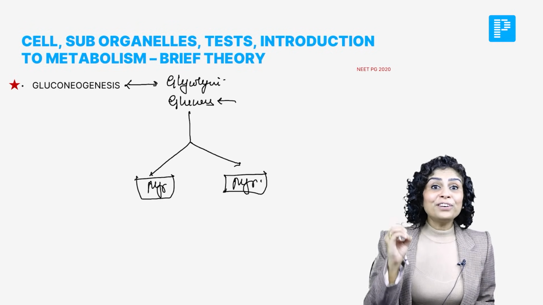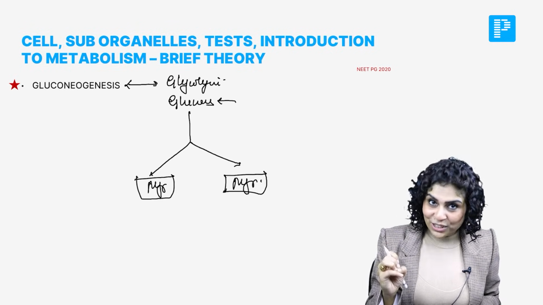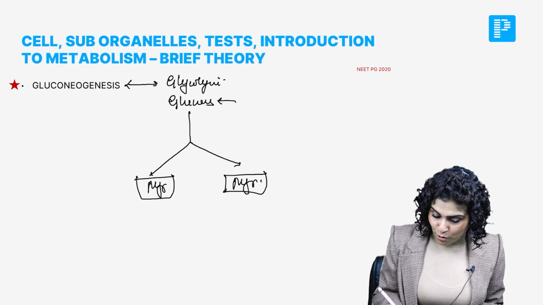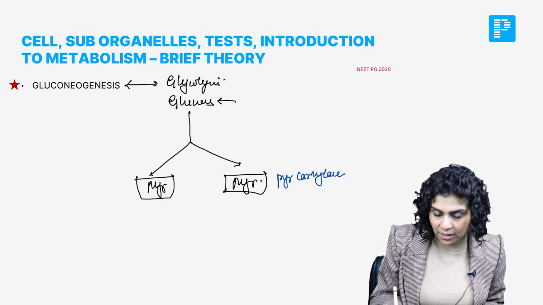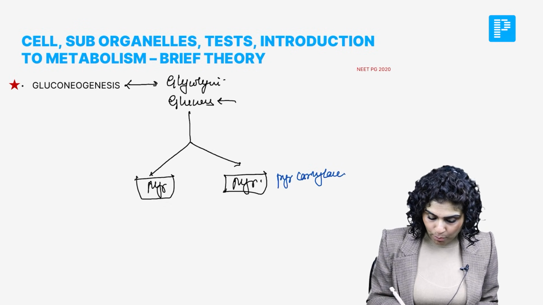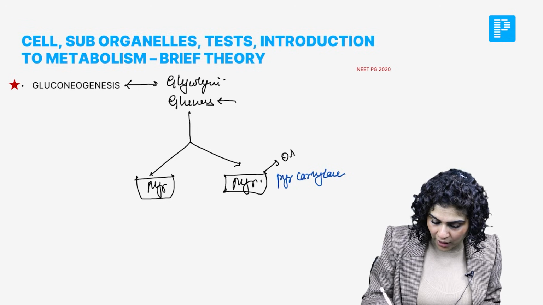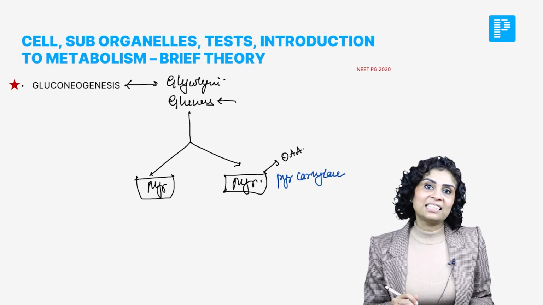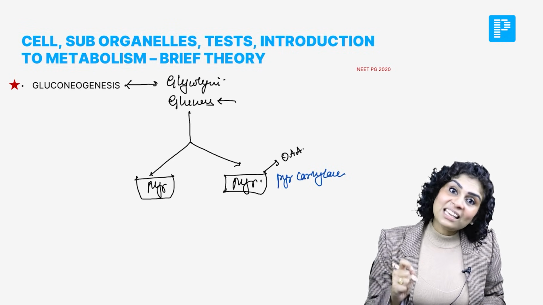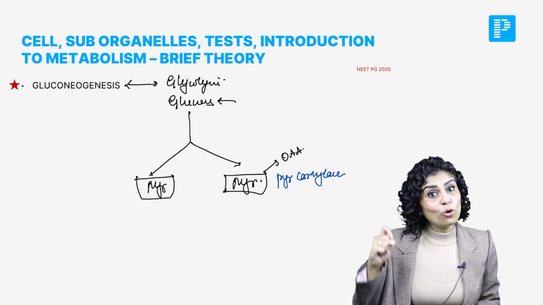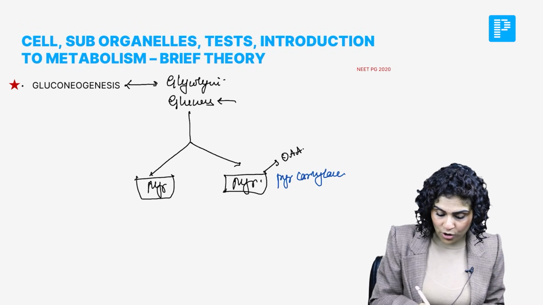So what is the first enzyme of gluconeogenesis? The first enzyme of gluconeogenesis is pyruvate carboxylase. This pyruvate carboxylase converts pyruvate into oxaloacetate. Pyruvate carboxylase, like pyruvate dehydrogenase complex, is also present in mitochondria.